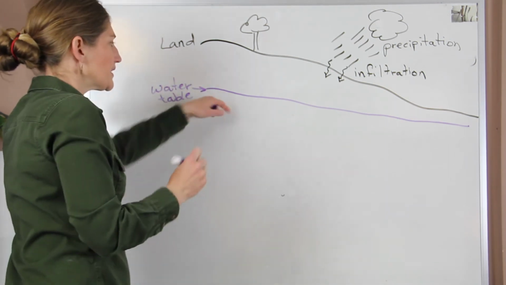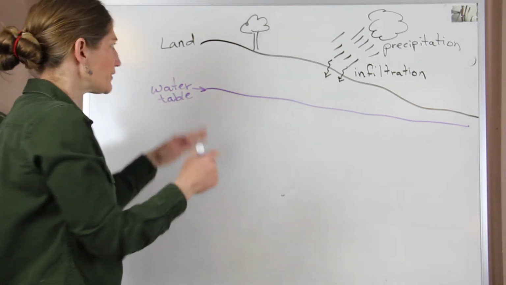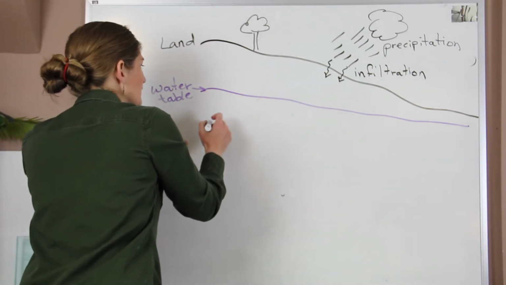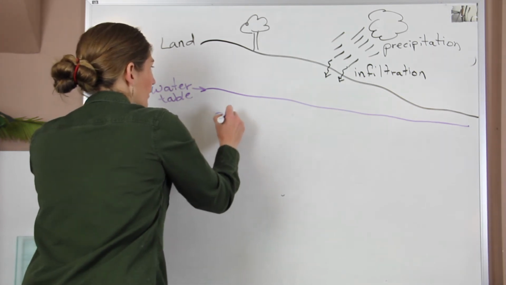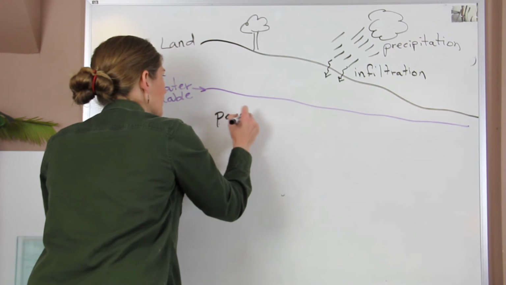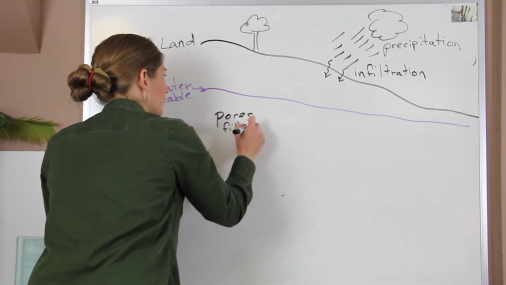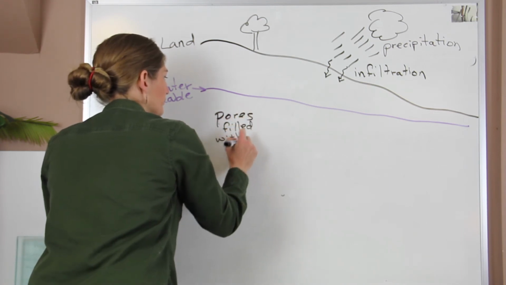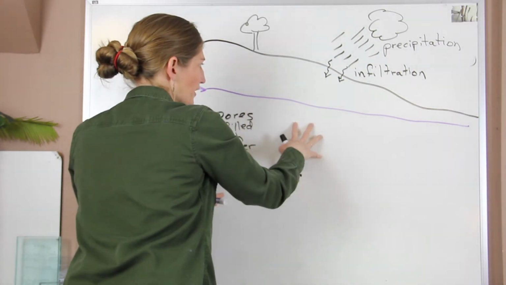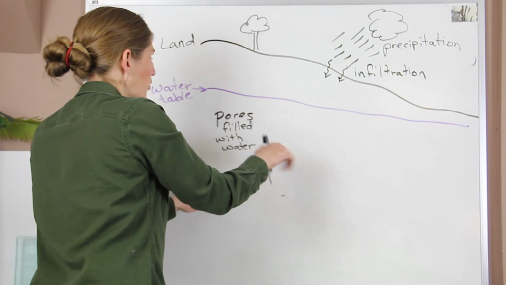So the water table is this point, and the definition is that down below the water table, all pore spaces are filled with water. Okay, I'll go back to the black pen, it doesn't work. So the pores are filled with water. Everything down here, all that open space is all water.